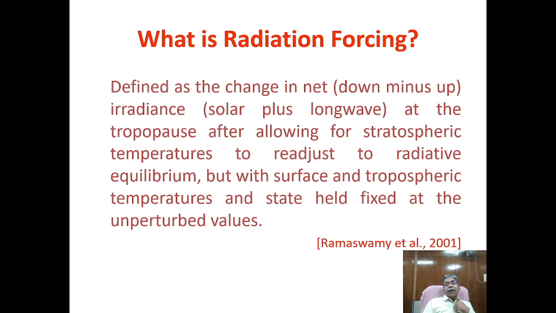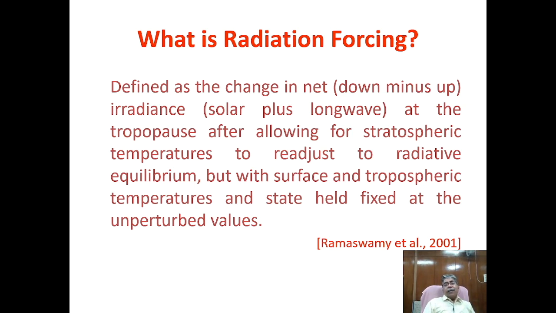It is basically defined as the net change, that is the down minus up change in the irradiance at the tropopause after allowing the stratospheric temperature to adjust to radiative equilibrium, and with the surface and tropospheric temperature in the state of fixed unperturbed values.